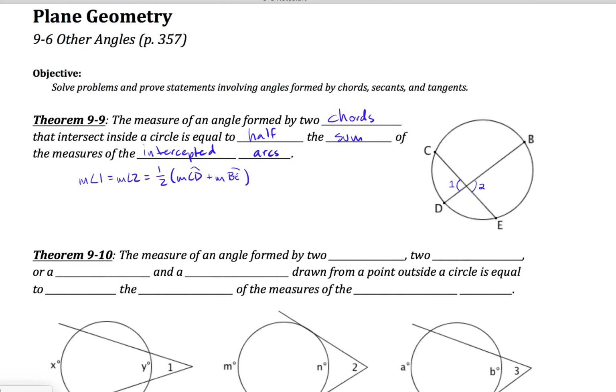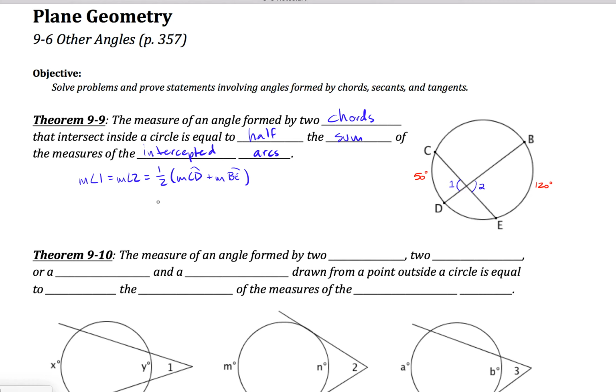If we wanted to throw some numbers in here to get a more concrete idea, let's say arc CD has a measure of 50 degrees, and let's say arc BE has a measure of 120 degrees.